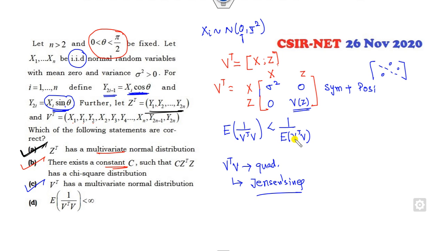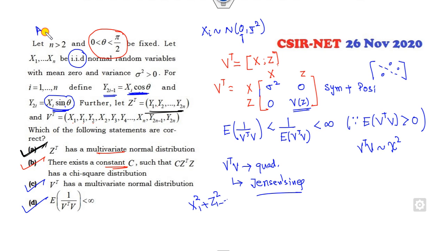V transpose V is like X1 square plus Z1 square and so on, which follows the chi-square distribution, so which is a finite number. Why? Because the expected value of this V transpose V follows my chi-square distribution, so this is greater than 0. So once it is greater than 0, it's a finite number. So all are my right answer of this problem.